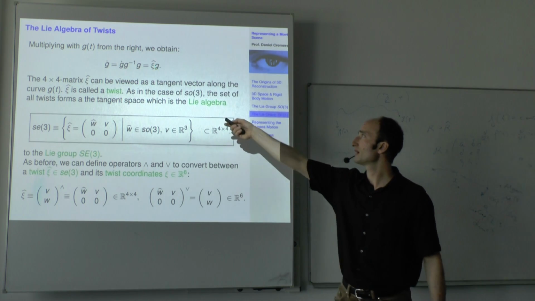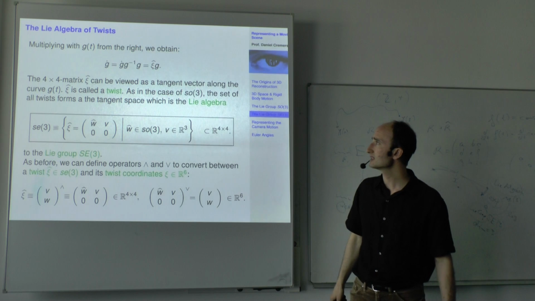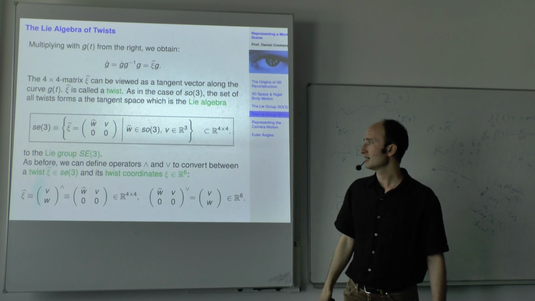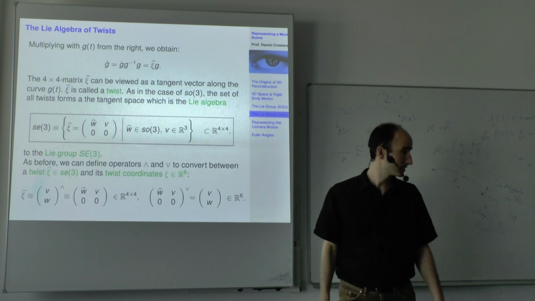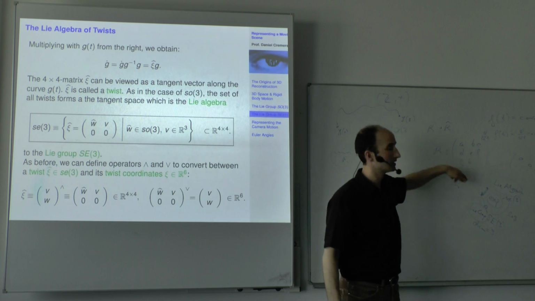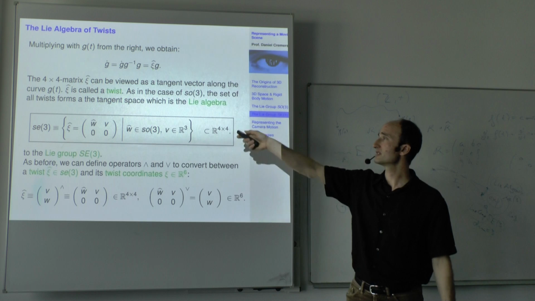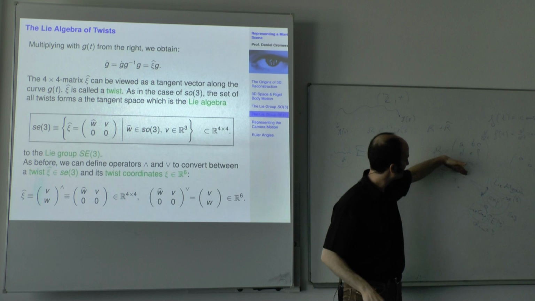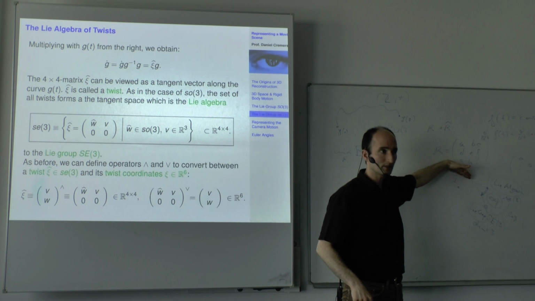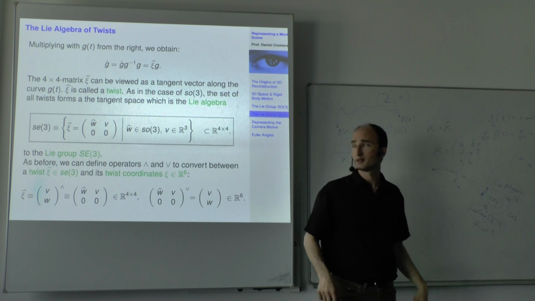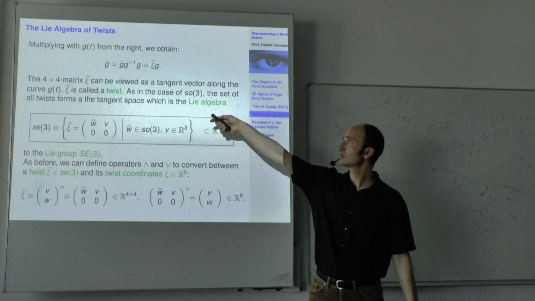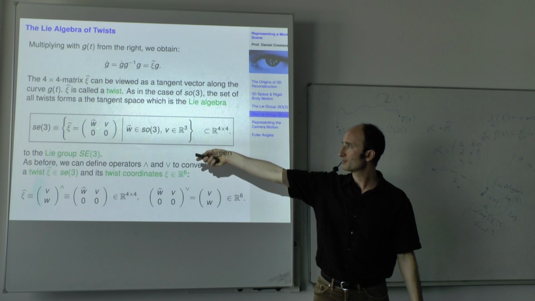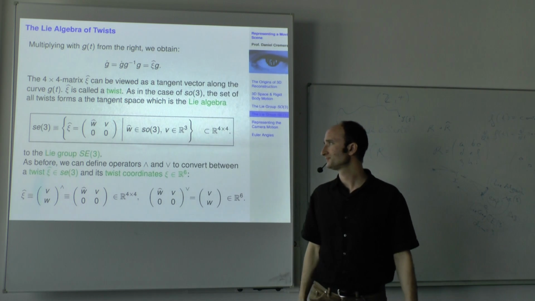So we can see this 4×4 matrix psi hat, the twist here, is nothing but a tangent vector along the curve g(t) at the origin. So we again take the tangent space at the origin, and it's spanned by these matrices psi hat. So whereas we saw for the rotations, the tangent space is spanned by these skew-symmetric matrices, here the tangent space corresponds to these twist matrices that are of this form: skew-symmetric matrix in the upper left corner and some 3D vector here.